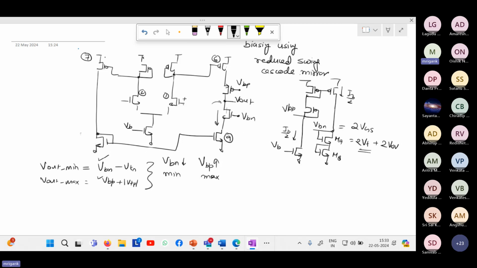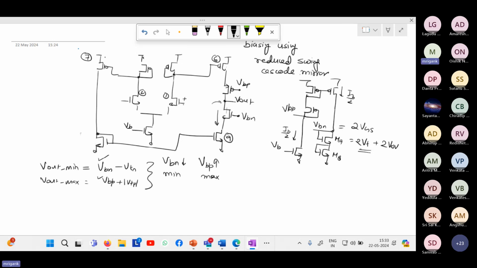So VT is a significant number, maybe 0.35 volt or something like that. So 2 VT is a significantly high value, 0.6 volt, 0.7 volt. If you're looking at a VDD of 1.2 volt, and 0.6 volt is going just like this, it will not give you a good swing, right?